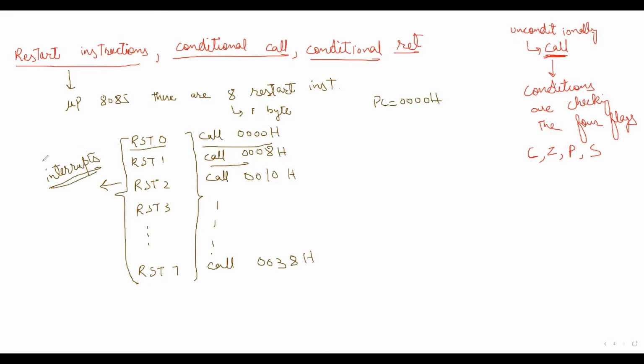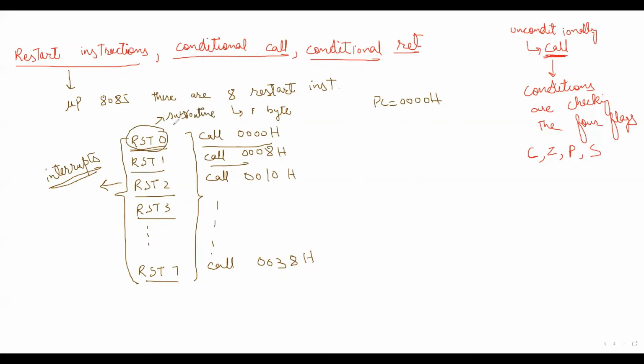So when we discuss the lecture on interrupts, we will discuss the functionality of these restart instructions. Basically, restart instructions are also call instructions, or we can say these are kind of function calls. We can say RST0 is a subroutine. What type of subroutine?